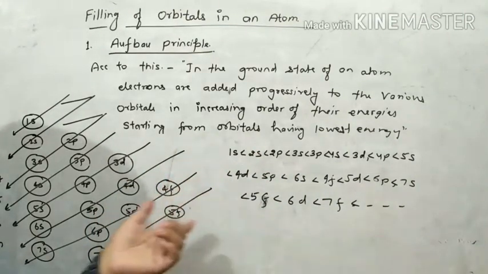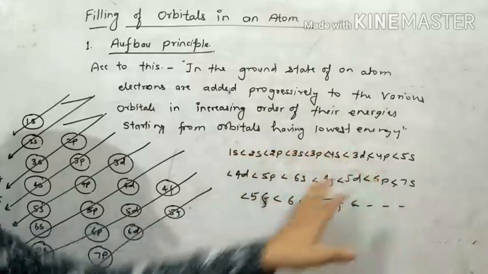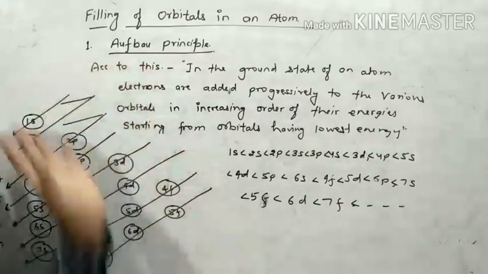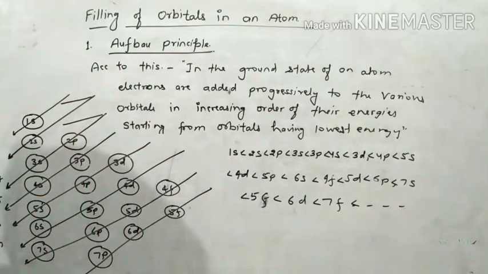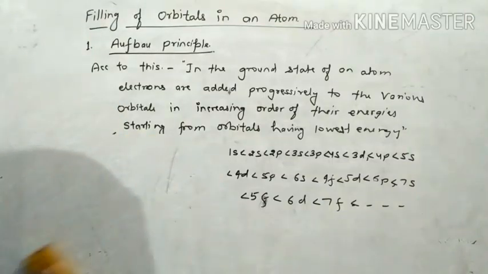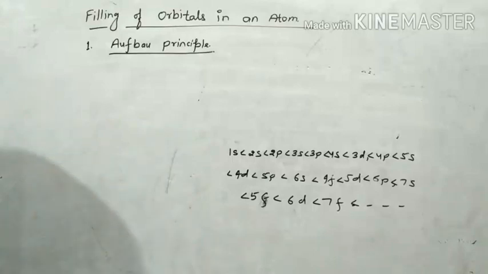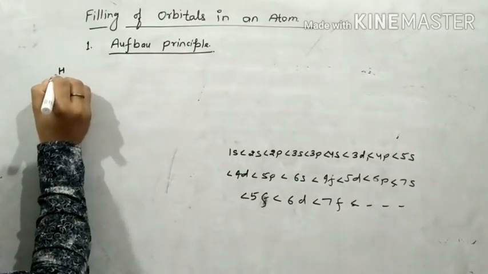So when we write the electronic configuration or fill the atomic orbitals, we follow the rules given by Aufbau. Let's take some examples to write the electronic configuration of elements.